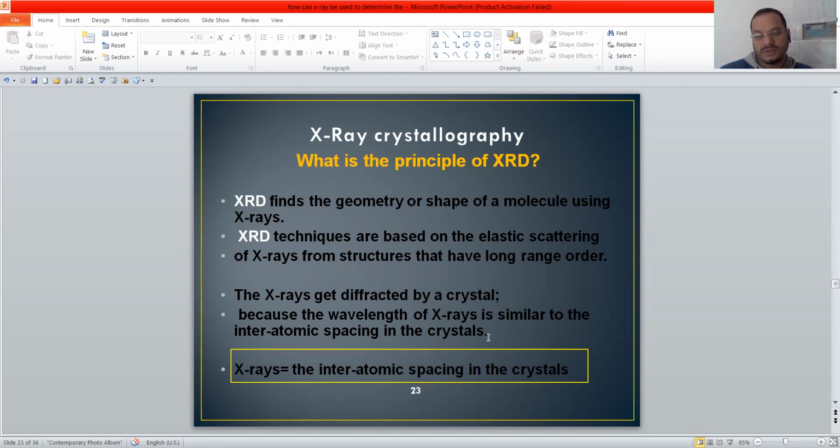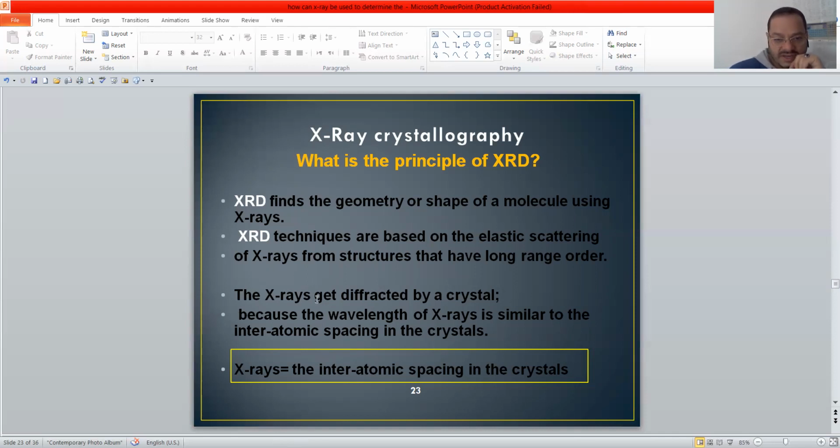Like I said before, X-rays have a smaller wavelength and more energy, more active than visible light, so they can pass through the material easier and faster.